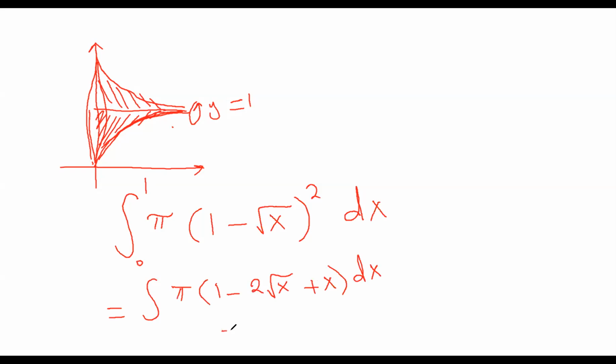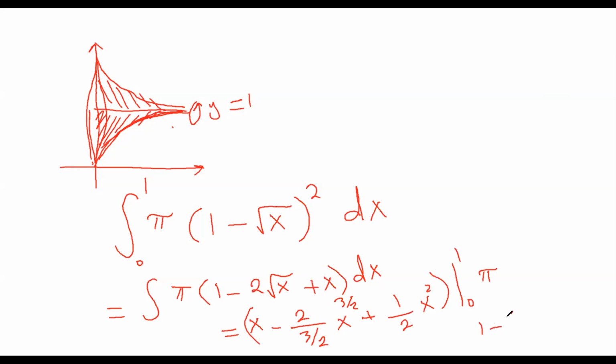So this is equal to x minus 2 divided by 1 plus a half, 3 halves, x to 3 halves, plus a half x squared, from 0 to 1, times pi. So here you get 1 minus 4/3 plus a half, times pi.